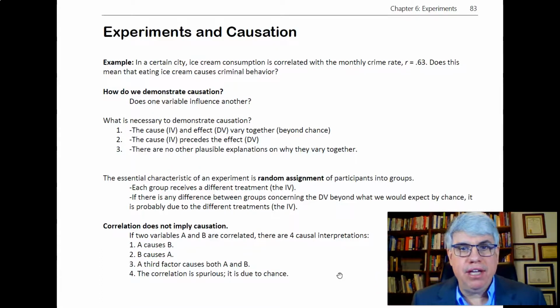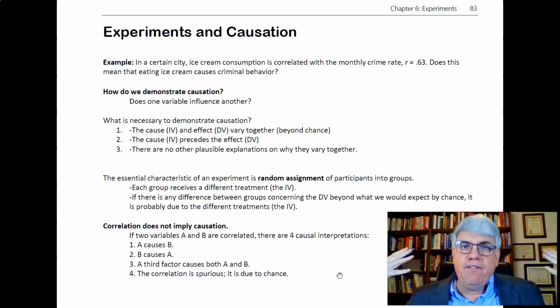Suppose in a certain city we have a lot of data about ice cream consumption, how much ice cream is purchased in the city each month, and what the monthly crime rate is. It turns out that ice cream consumption is correlated with the monthly crime rate, R equals 0.63.